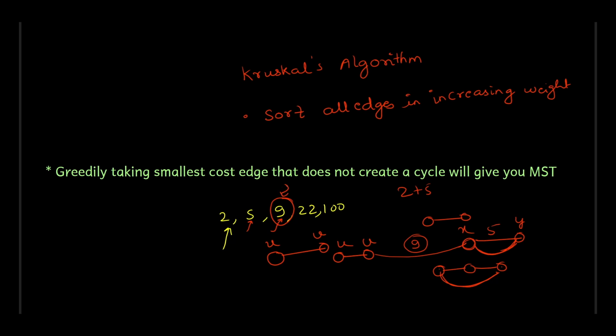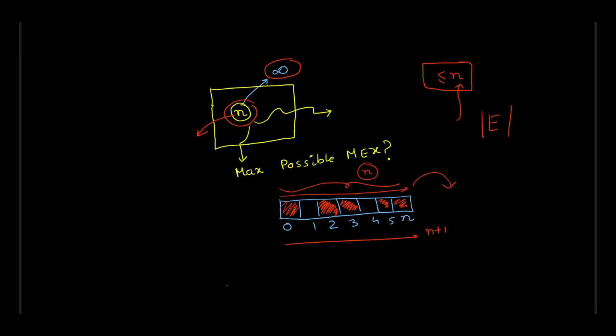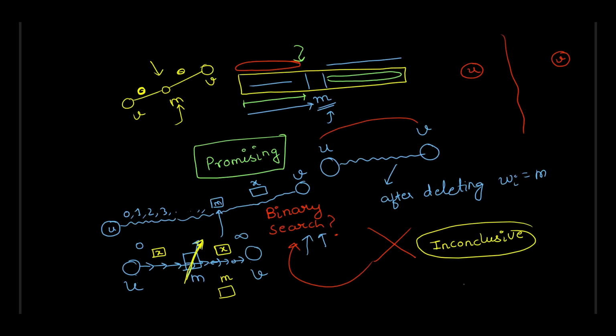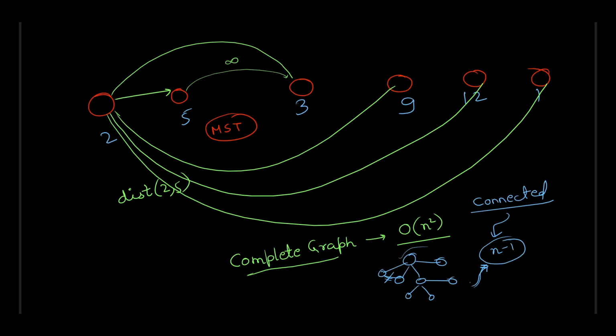As long as you don't create any cycles, you can maintain a DSU and check whether the nodes you are taking are part of the same connected component or not. If they are, you do not take that edge, and this will give you an MST. The problem was asking for the cost of that MST, which means you create all those O of n square edges, sort them, and greedily take them while avoiding cycles.